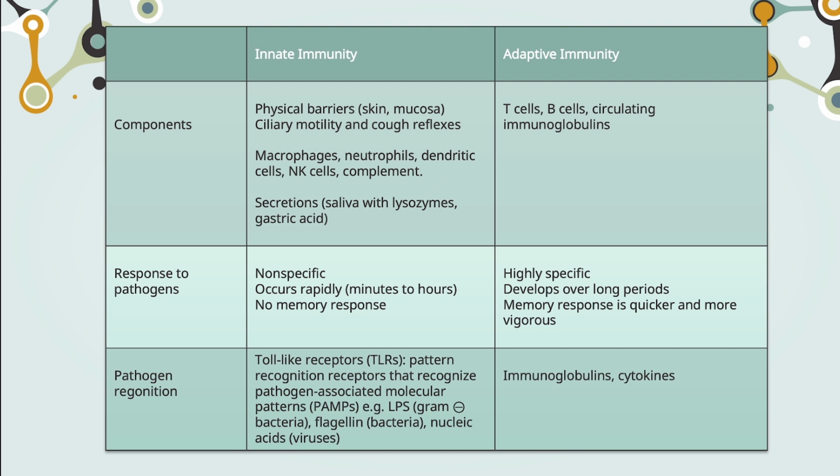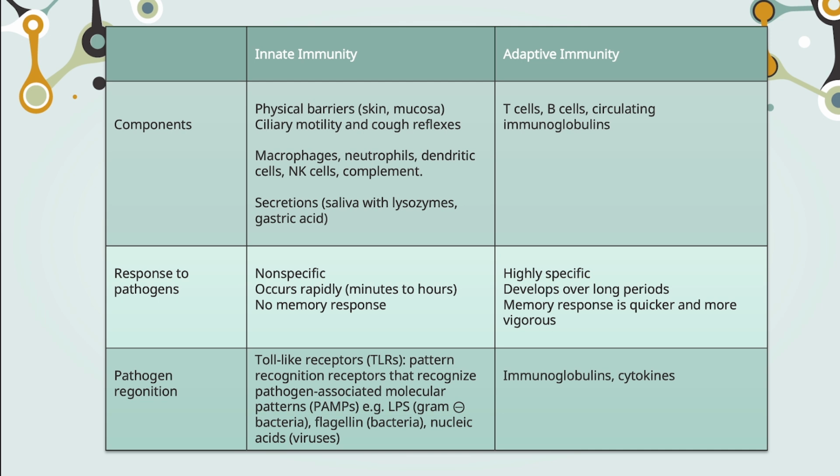So when we inhale a pathogen, ciliary motility and the sputum trap the bacteria, and then ciliary action expels the sputum, which has the trapped bacteria inside it. Similarly, the cough reflexes also help us to remove these pathogens from invading our respiratory tract.